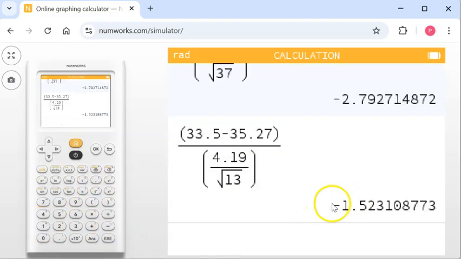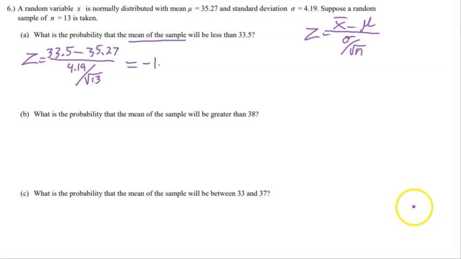And that gives us negative 1.52310, and this 8 is going to tell this 8 to become a 9. Negative 1.523109. That's our z-score.